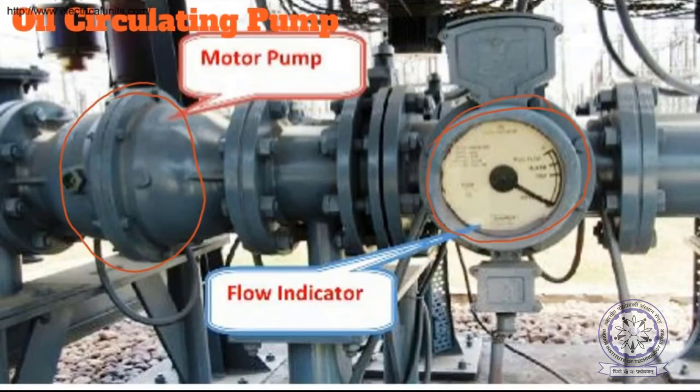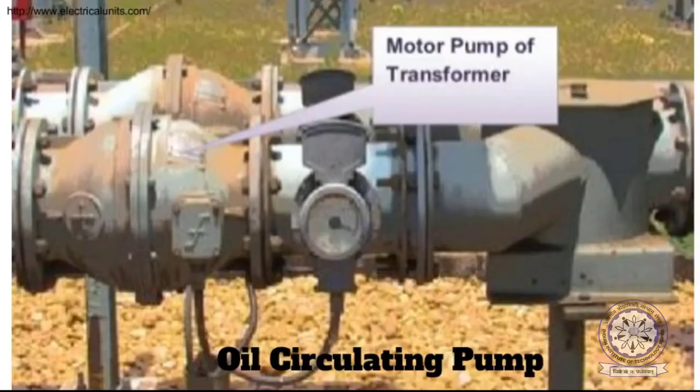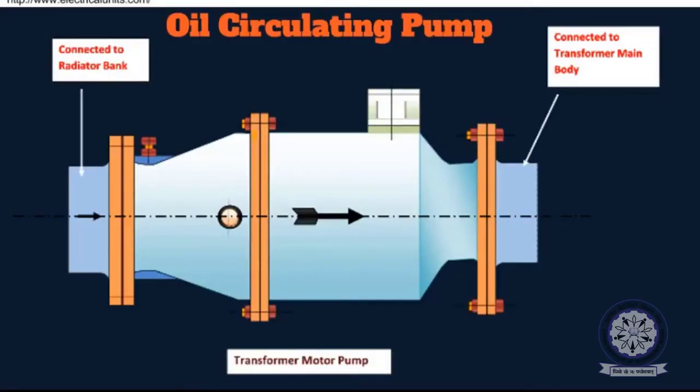So this is the motor pump, and this is the indicator. Similarly, this is another transformer. You can see here the motor pump, and then again the indicator. This is the structure actually, a schematic diagram.